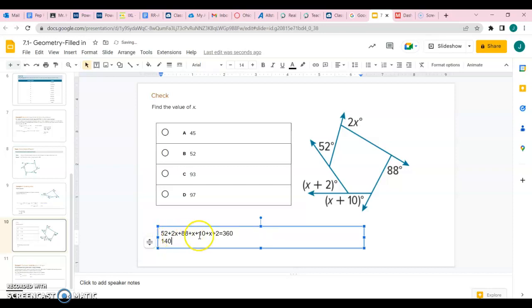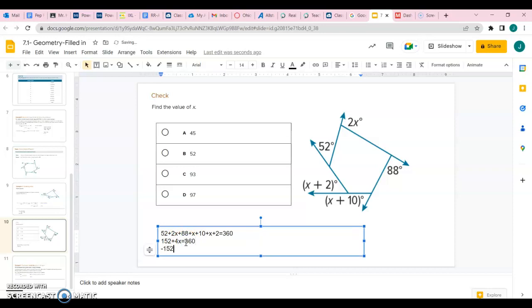Oops, I forgot that 10, so it's actually 150. Then 2x plus 1x is 3x, plus another x is 4x. I also have another 2 over here, so this should actually be 152. So 152 plus 4x equals 360.